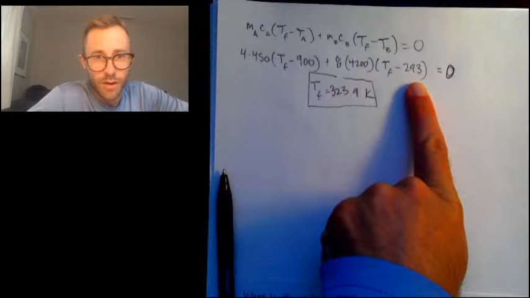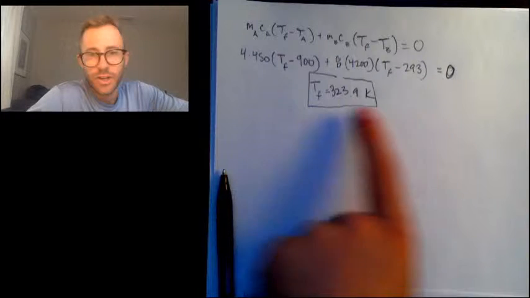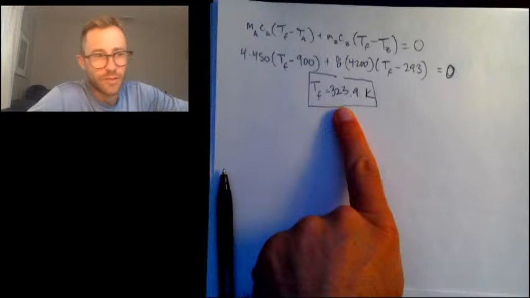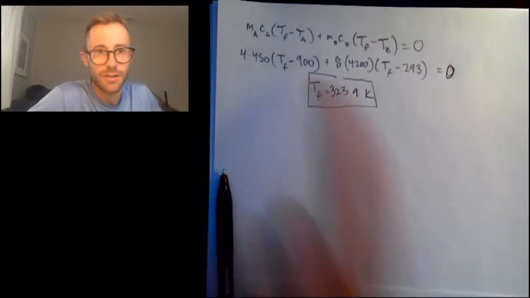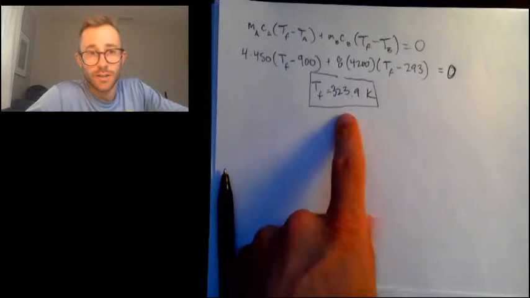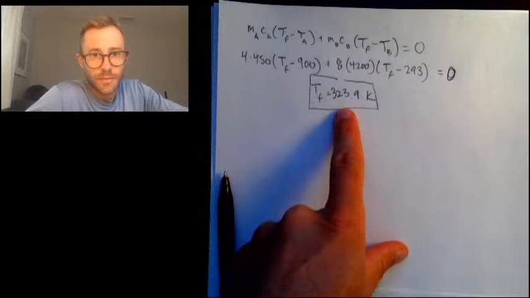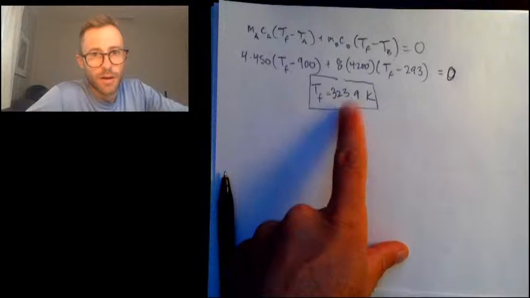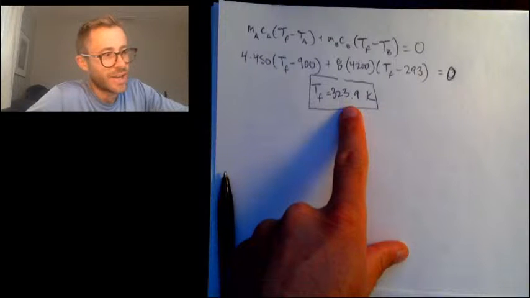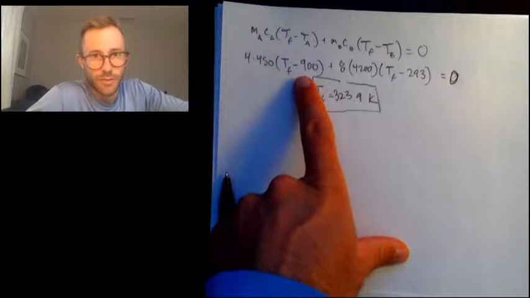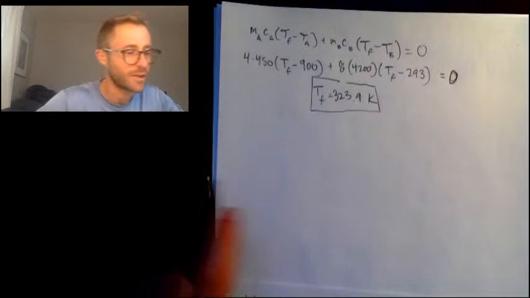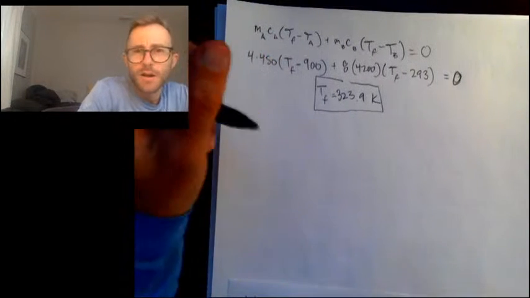So the water's temperature hardly changed at all in response to having something extremely hot dipped into it. Now you can feel that temperature difference, okay? But it's not a gigantic temperature difference like going from 900 to 320 Kelvin is, okay?